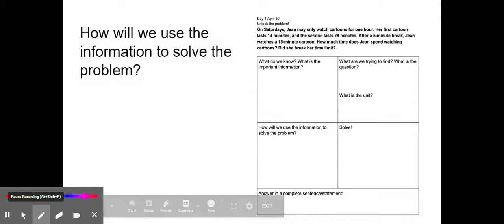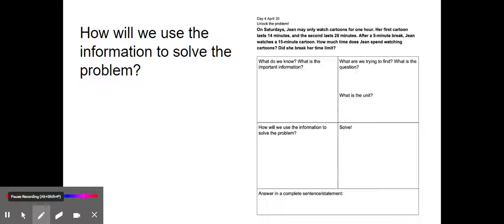How will we use the information to solve the problem? I know this is where we can think about what operation we will be using. Will we be adding or subtracting? What type of equation will we write? Pause the video while you try to write your own equation to solve this problem. Now let's try doing it together.